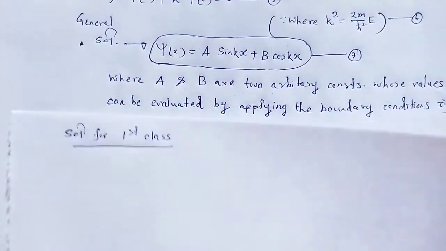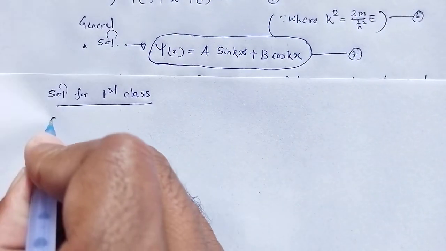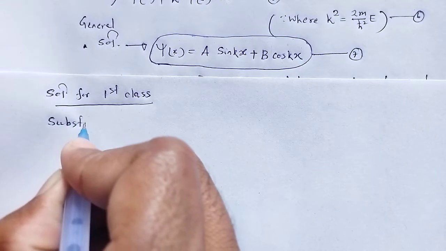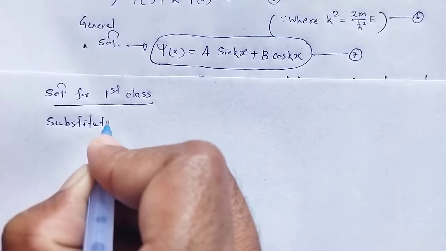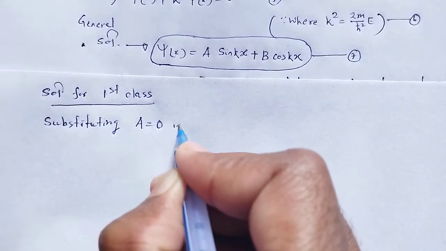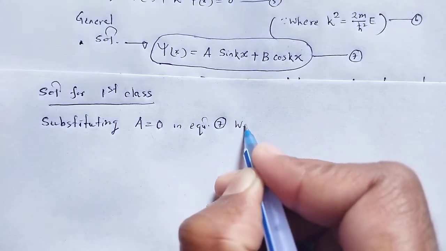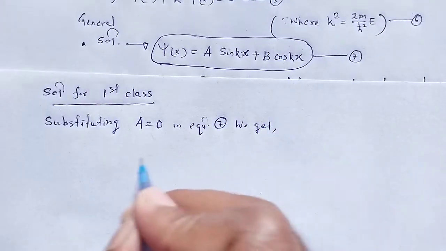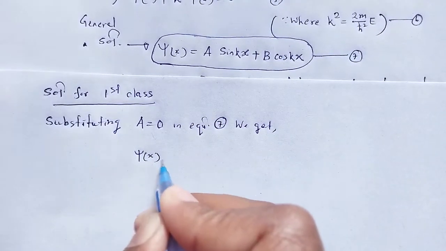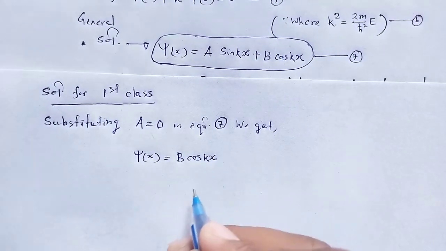Substituting a is equal to 0 in equation number 7, we get the wave function psi of x equal to b cos kx.